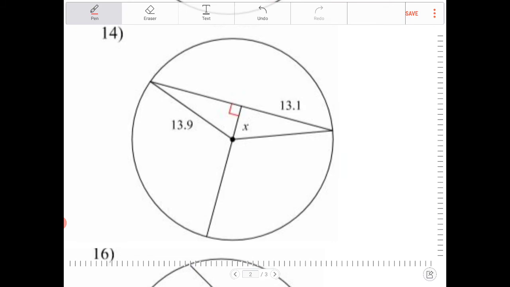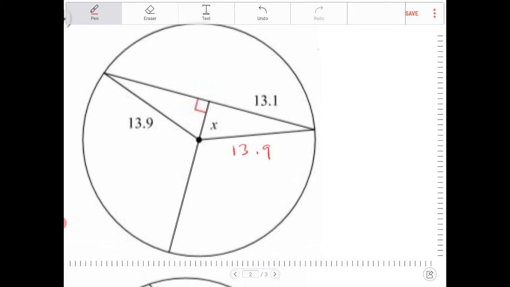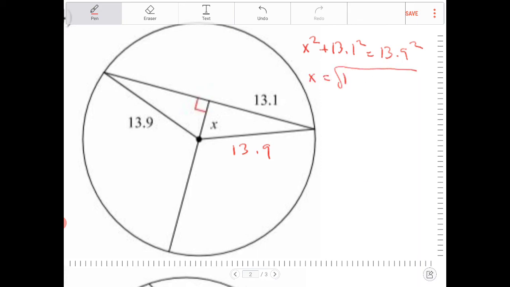Okay, the radius is 13.9, so that means this must be 13.9. So again, x squared plus 13.1 squared is equal to 13.9 squared. Subtract both sides by 13.1 squared and take the square root. I end up with 13.9 squared minus 13.1 squared.